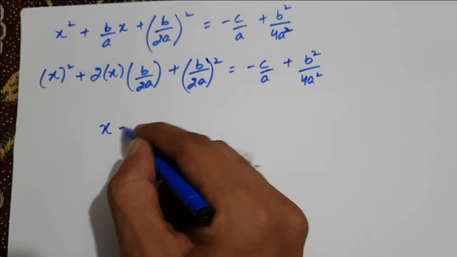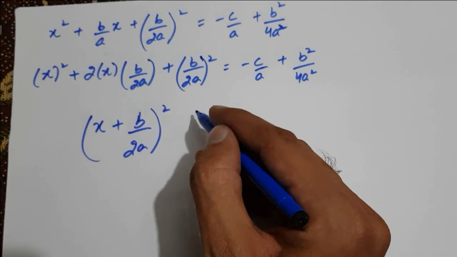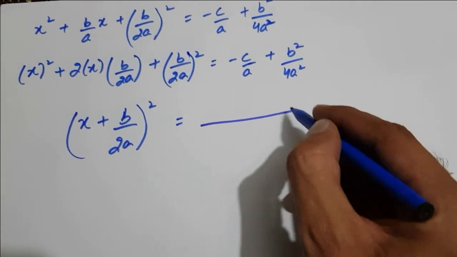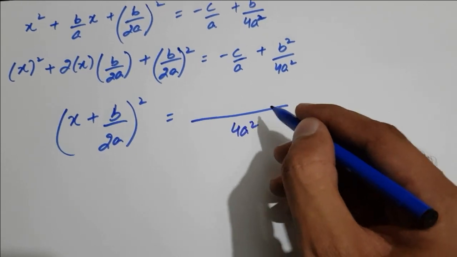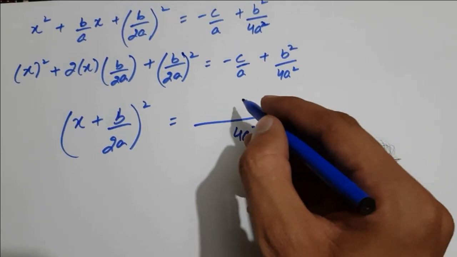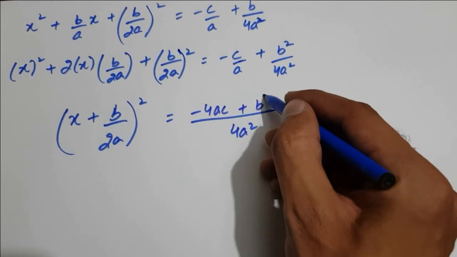On the left hand side we get x plus b over 2a whole square, and on the right hand side by taking LCM we get 4a squared in the denominator, and minus 4ac plus b squared in the numerator.